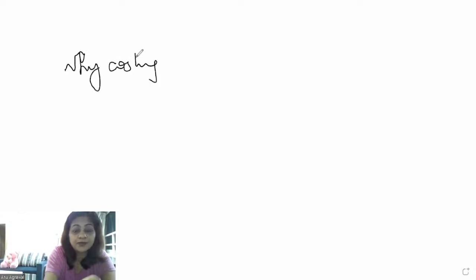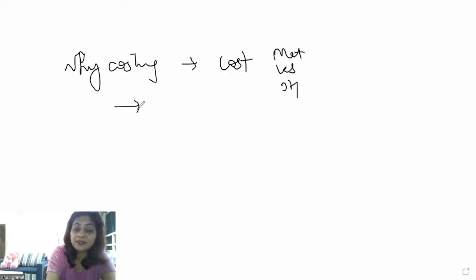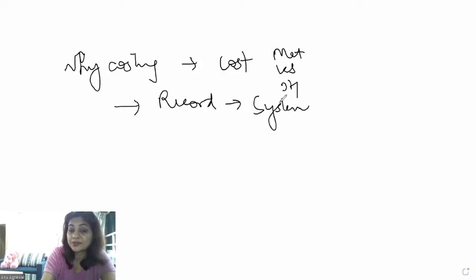We studied costing with respect to why costing. Then we tried to understand the cost elements: material, labor, overheads. Then we tried to understand how to record it. For that, we read the cost accounting systems, integrated, non-integrated.